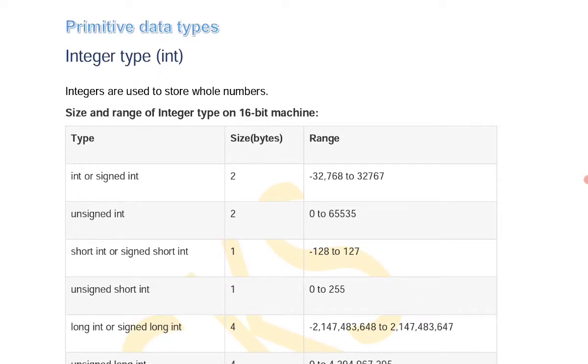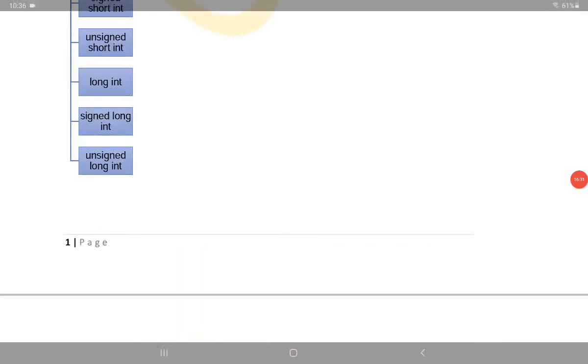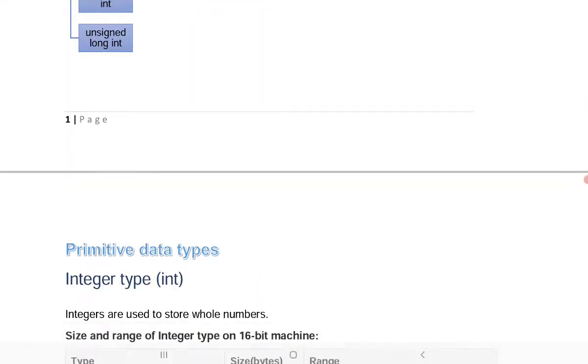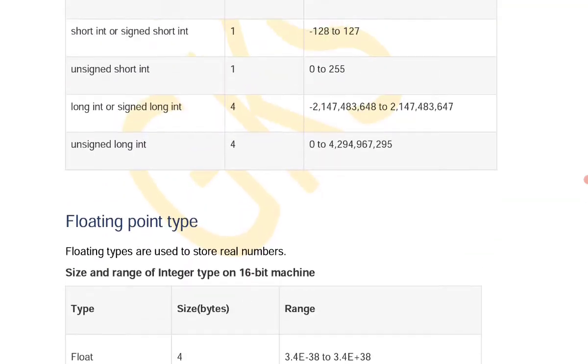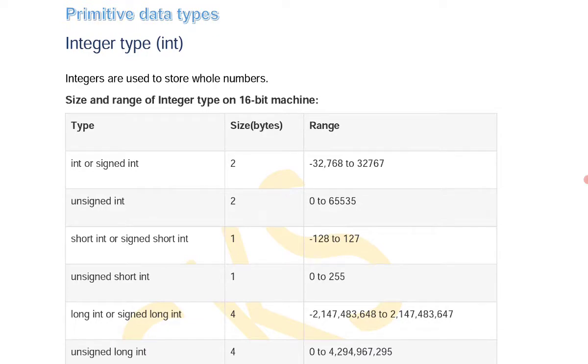So we start by discussing primitive or primary data types. What are the different primary data types in C language? The first one is integer, or the int data type.